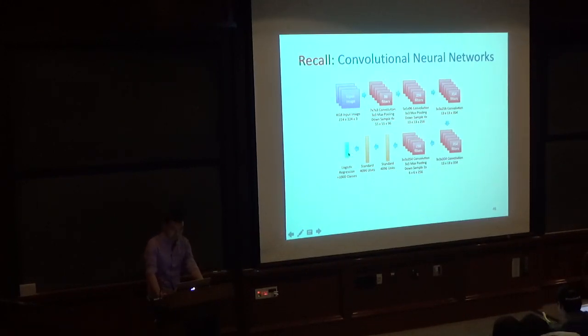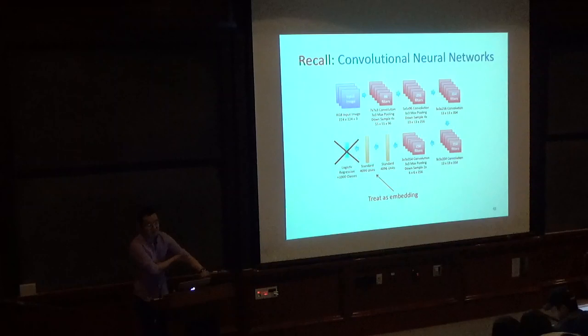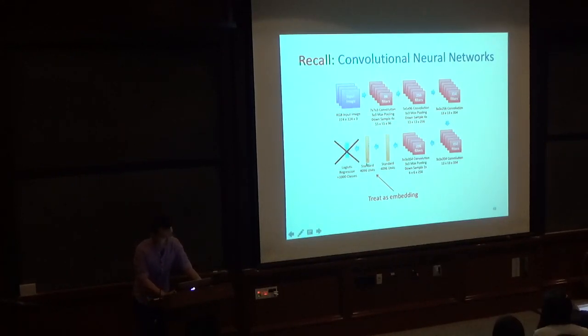We're just going to throw away that part. Let's say we take the same architecture, although you can use any convolutional neural net architecture you want. Instead of doing multi-class logistic regression at the very end, we're just going to use this last hidden layer. This particular hidden layer is 4096. So now we have a 4096 dimensional embedding from an image. That's the basic idea.